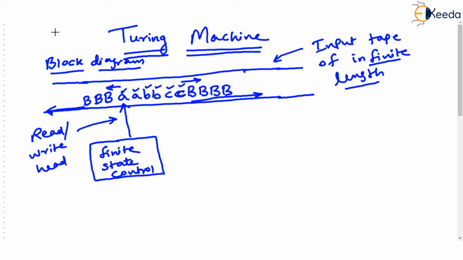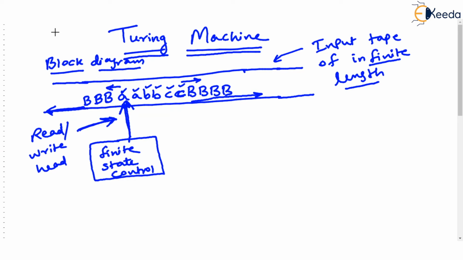Then another component of the Turing machine is this head. Obviously, you need an electronic head to read something from a magnetic tape. Now this head is actually a read-write head. Very important point.